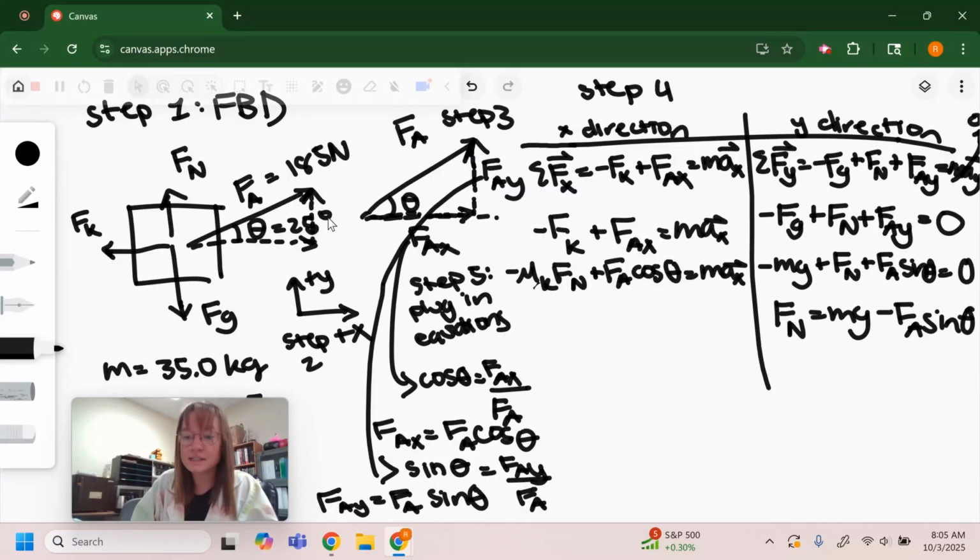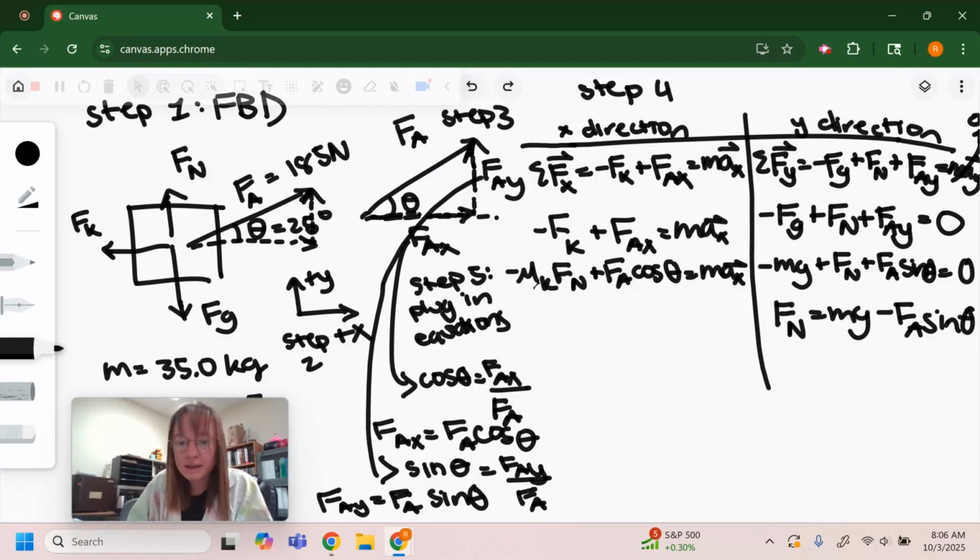That should make sense. It should be the weight minus this little section here, because Fn would equal this minus this, since these two have to add together to equal this.